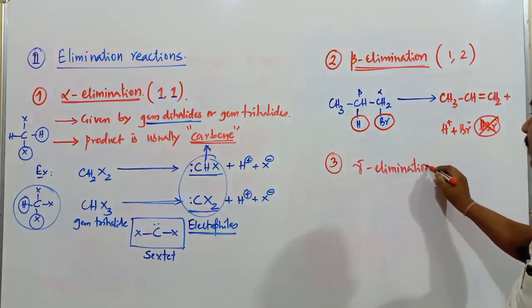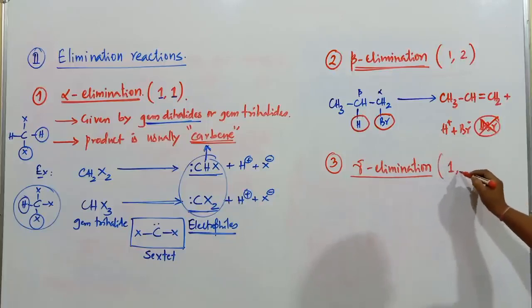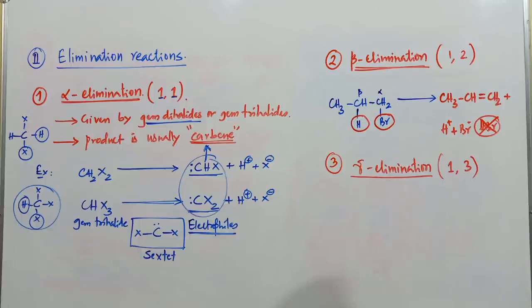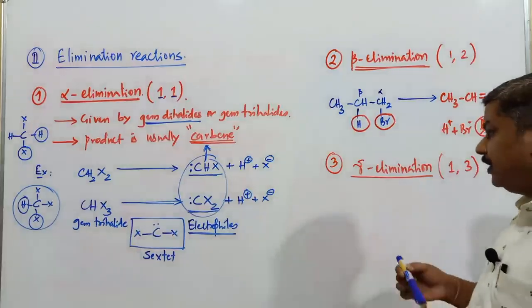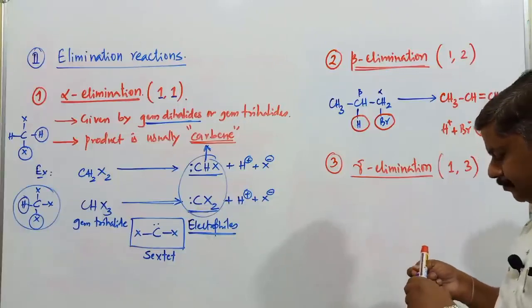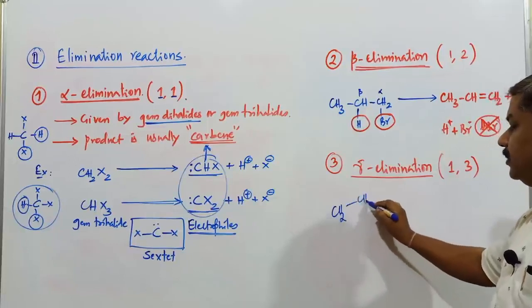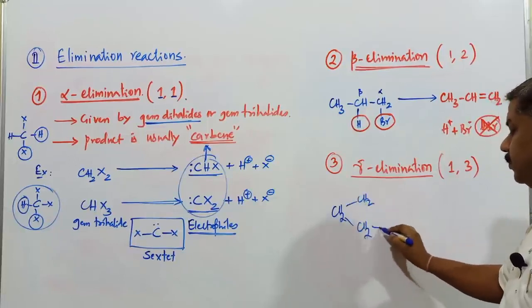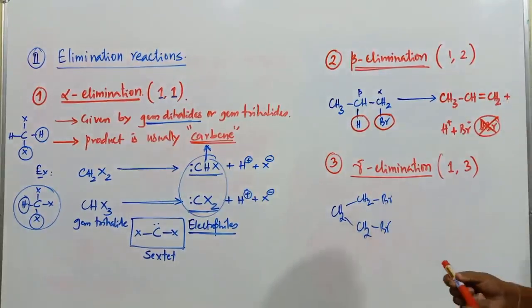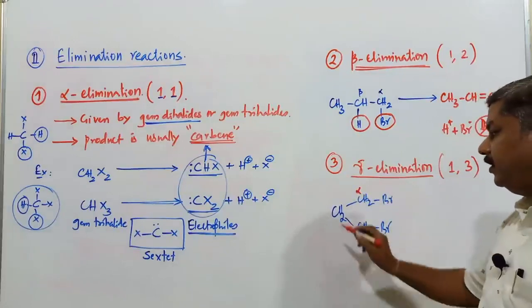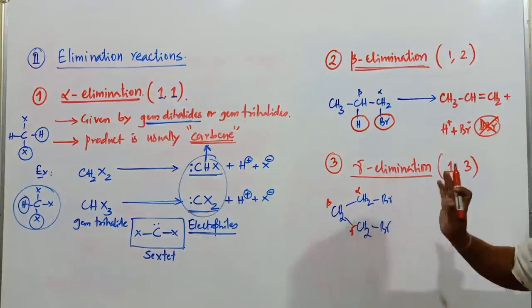What is the gamma elimination reaction? Here the elimination of atoms or groups of atoms takes place from the first and third carbon atoms. As an example, take BrCH2CH2CH2Br. This carbon atom you can consider as alpha, this is beta, and this is gamma, or alpha, beta and gamma in either direction, it makes no difference.